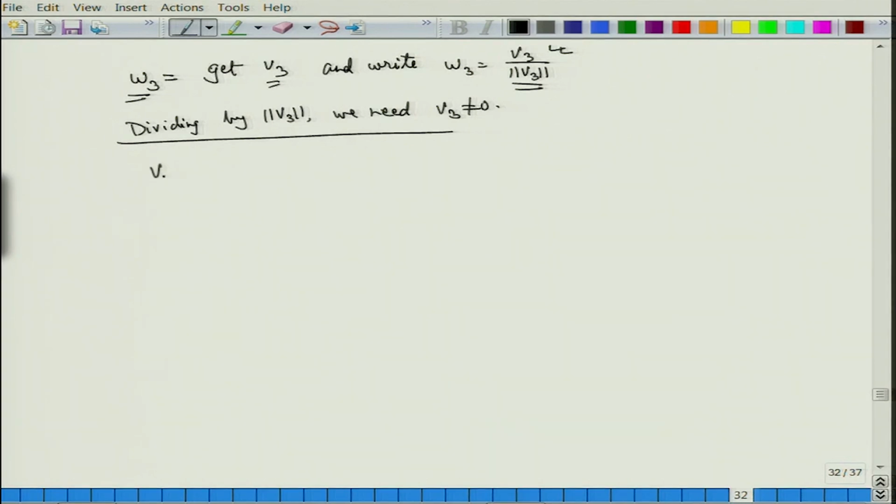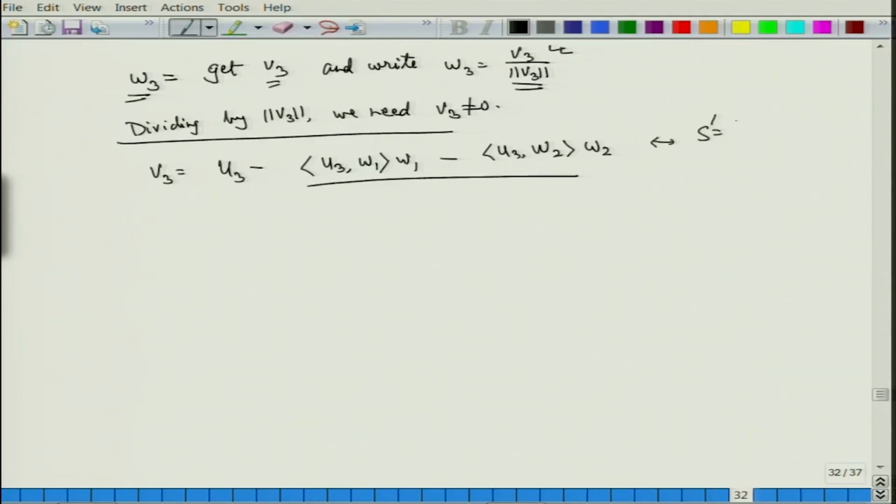So let me define V3 as U3 minus, from U3 remove the component corresponding to W1, and remove the component corresponding to W2. So what I have basically done here is I have got another set S prime, which is W1, W2, an orthonormal set.